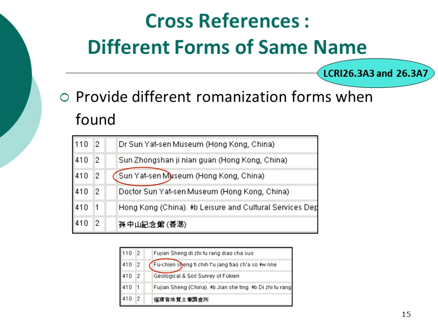Because of the language area or non-Roman language area we are dealing with, very often we have different romanization forms available. So this is an area where you want to consider cross-references, which is to provide different romanization forms when you have them. Our first example, obviously you can see it's the different romanization of the personal name for this corporate body.